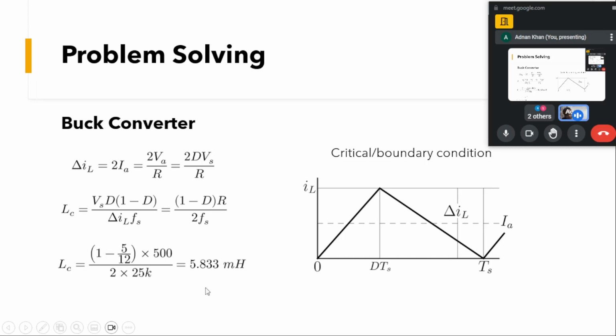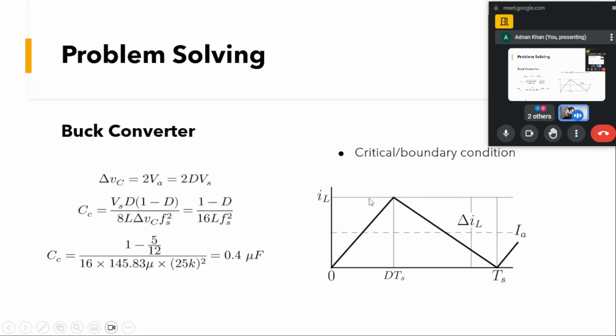If we put these values here, we get L to be around 5.83 millihenry. So to have the critical condition in the previous circuitry, we need an inductor value of around 5.83 millihenry, and we will get this critical or boundary condition.